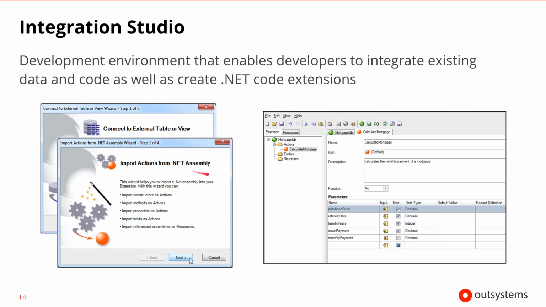So the primary purpose of Integration Studio is to take our existing external resources and create representations of them inside of the OutSystems world. Once these representations exist, we can publish them to the server so they can be used in Service Studio and appear as if they're normal OutSystems resources, and we won't even be able to tell the difference as to whether they're internal or external resources.